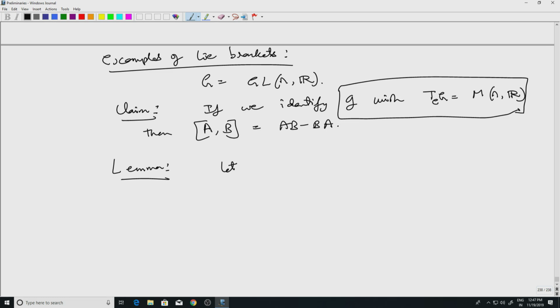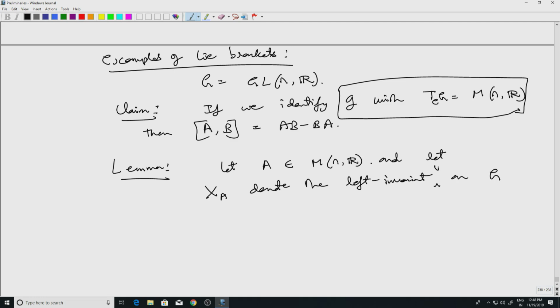So let me take A in M_n(R), which is the tangent space at identity, and let X_A denote the left invariant vector field on G whose value at identity is exactly A.